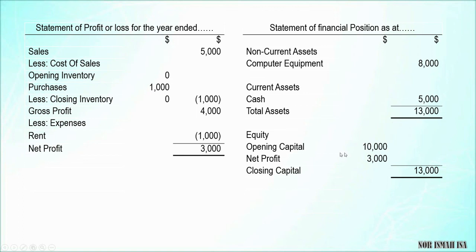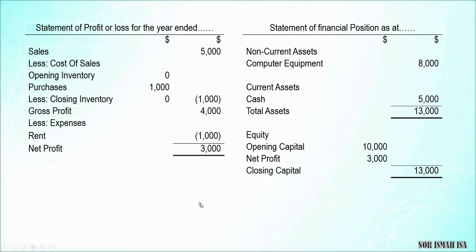As for equity, we started with 10,000, and the net profit here we transfer to the equity 3,000. So 13,000 because the loan paid already, no balance. So just left equity side only the 13,000, which is equal to the total asset 13,000.